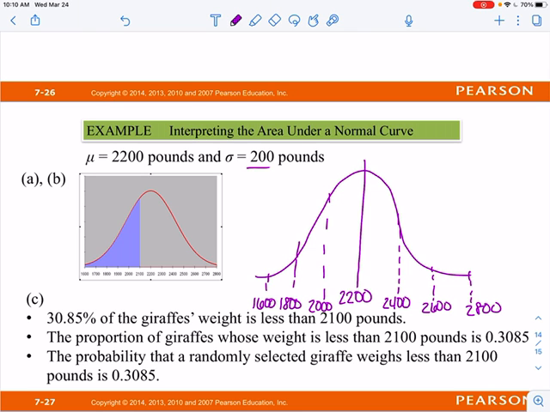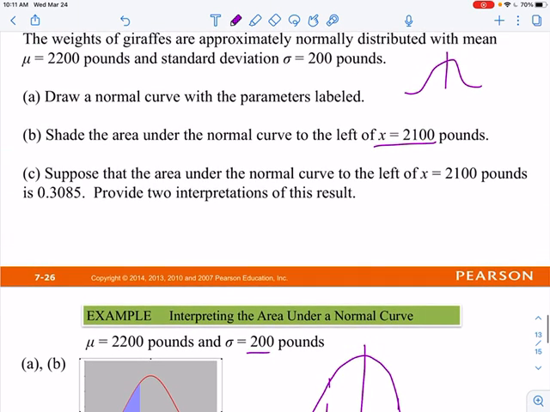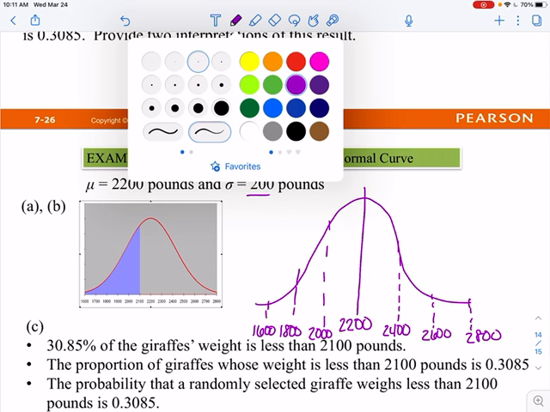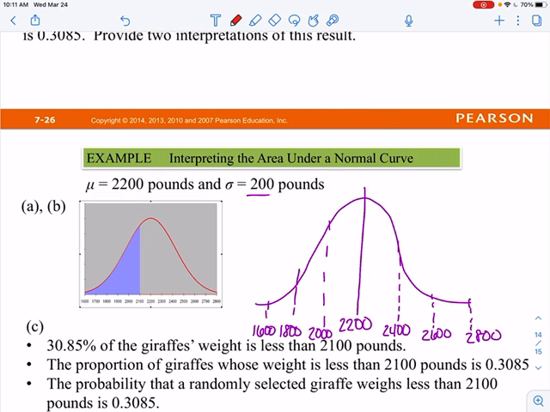Again, for part B, excuse my scroll. You want to shade the area to the left of 2,100 pounds. Well, when I look at my curve that I just drew, 2,100 pounds isn't on there. But this is 2,000, that's 2,200, and everything is symmetrical. So halfway between 2,000 and 2,200 is going to be your 2,100 pounds.